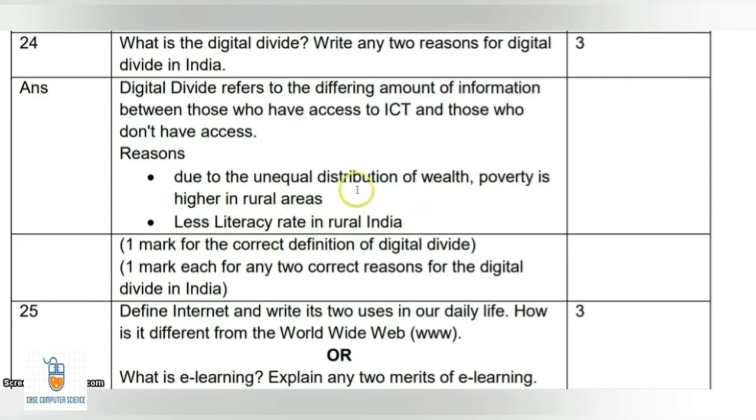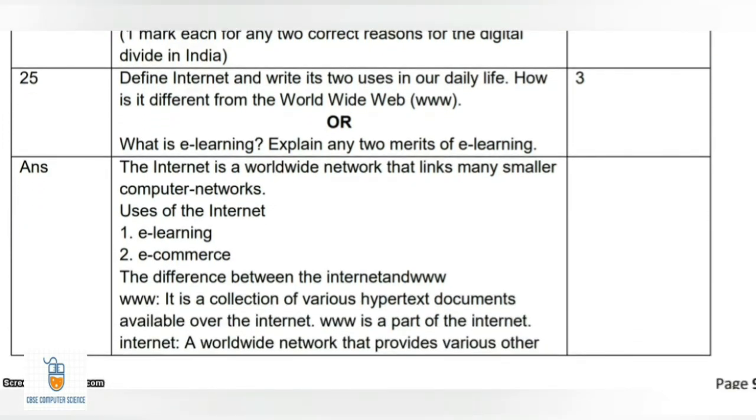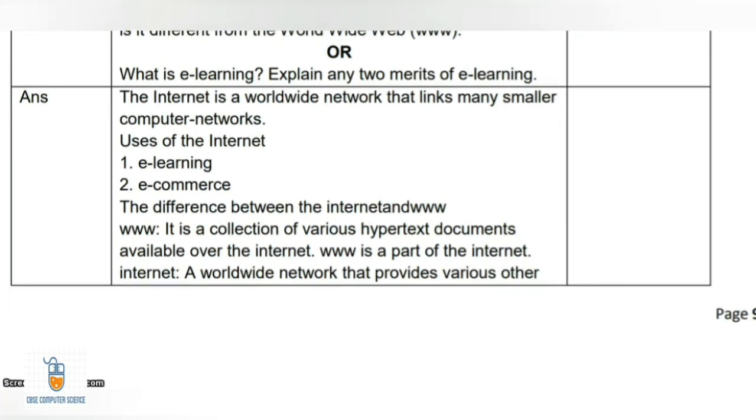Question number 25. Define internet and write its two uses in our daily life. How is it different from the World Wide Web, that is WWW? Or what is e-learning? Explain any two merits of e-learning. Now coming to the answer, the internet is a worldwide network that links many smaller computer networks together. Uses of internet are e-learning and e-commerce. Now what is the difference between internet and WWW?